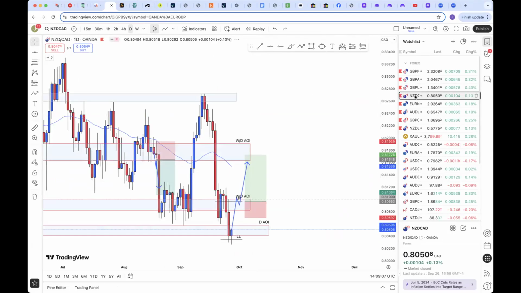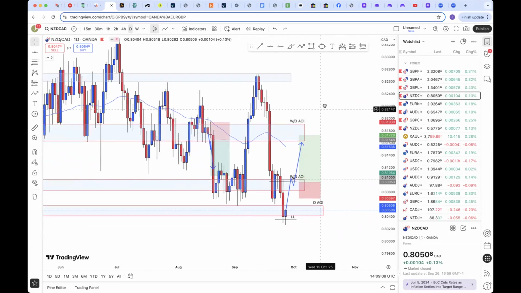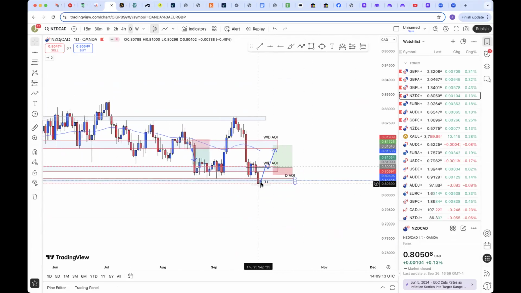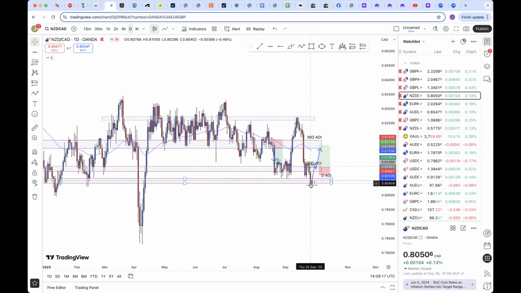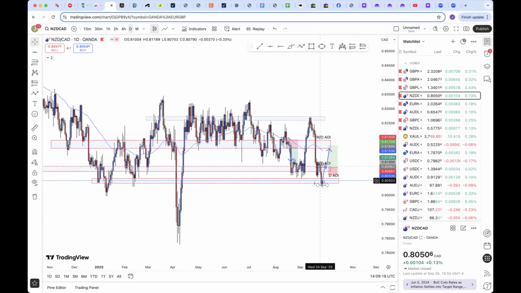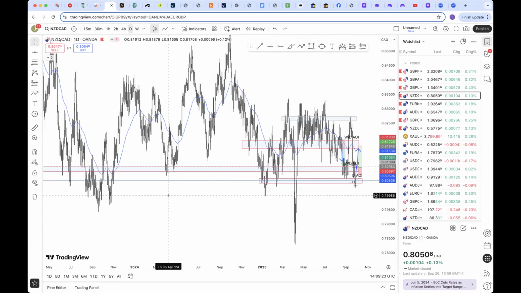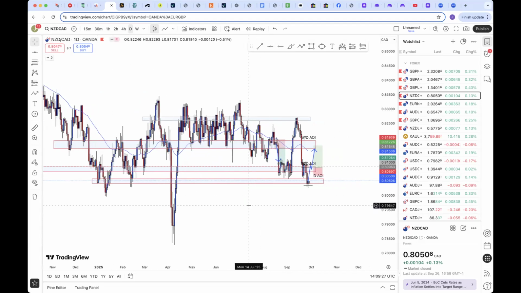Next one is NZD CAD. I like NZD CAD because it had a reaction already from this area. We haven't been that low in a very long time. Well, actually, here in 24, a year ago, we were here, so that's not true.